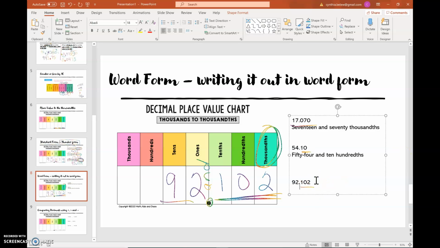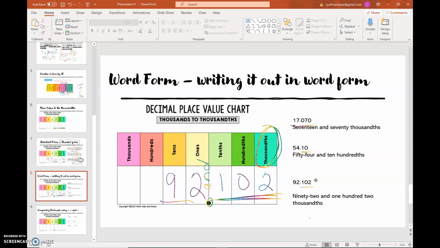Okay, so I would write 92 and the decimal gets an "and," 102 thousandths. Again, remind them to come back and put that place value on.